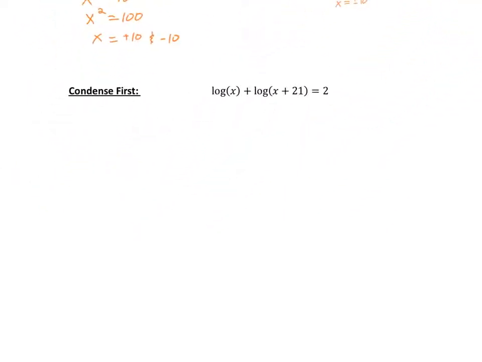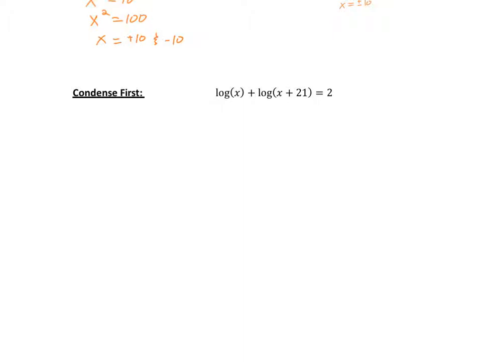All right, so we have another way to solve logarithms. Sometimes we're going to have to condense first, right? So in this case, instead of isolating, we actually have to just go ahead and condense this down all to one logarithm in order to solve it. So our property says that if we're adding 2 logarithms, we can just say that this is the log of x times x plus 21.